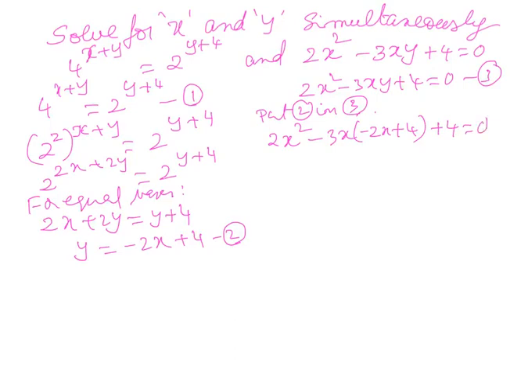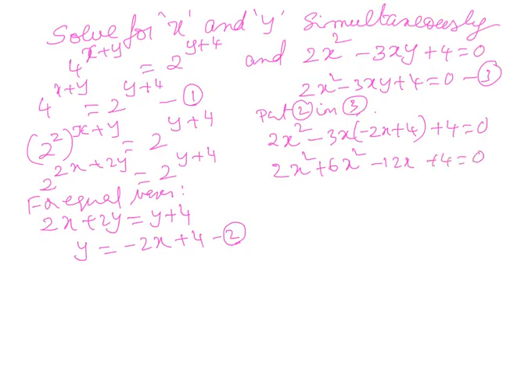I can simplify, and I get 2x squared plus 6x squared, and then negative 12x plus 4 is equal to 0.